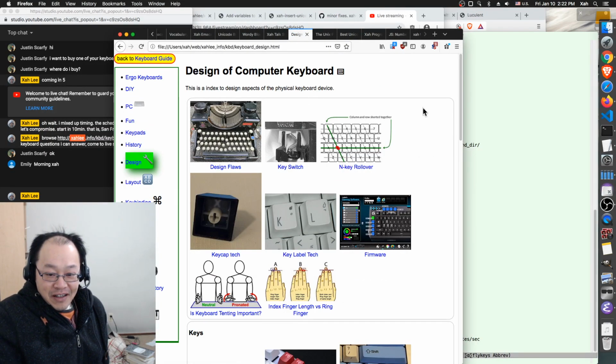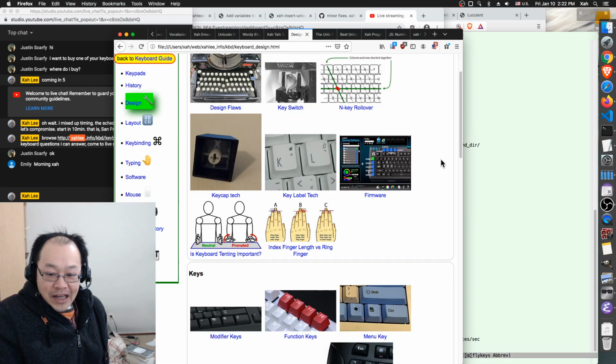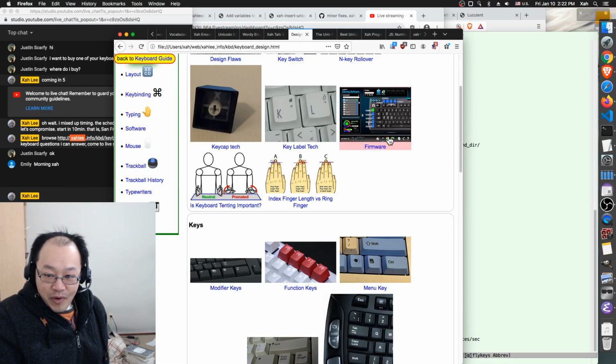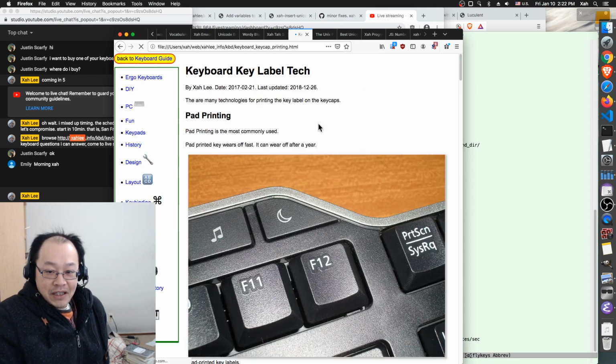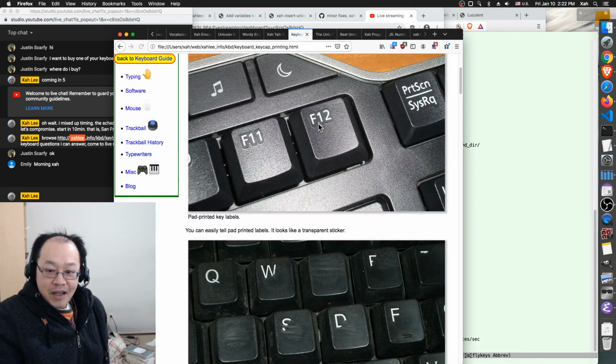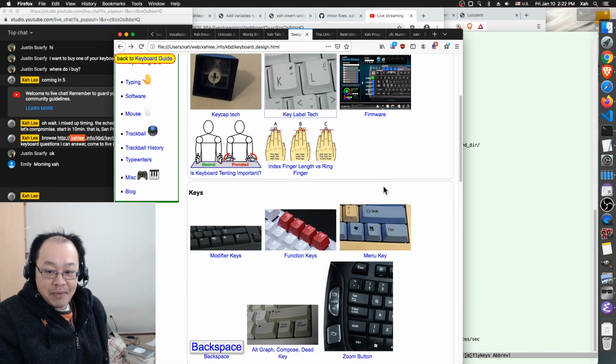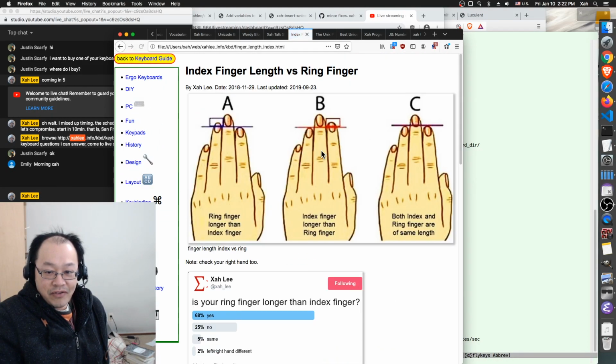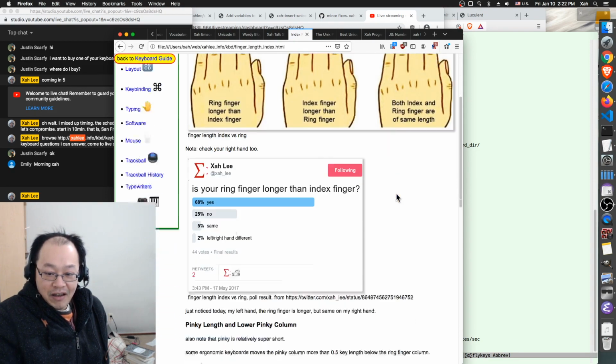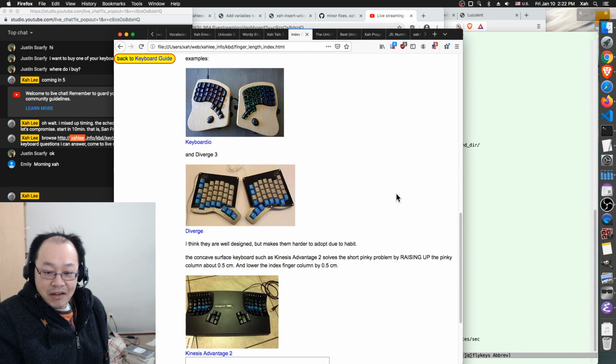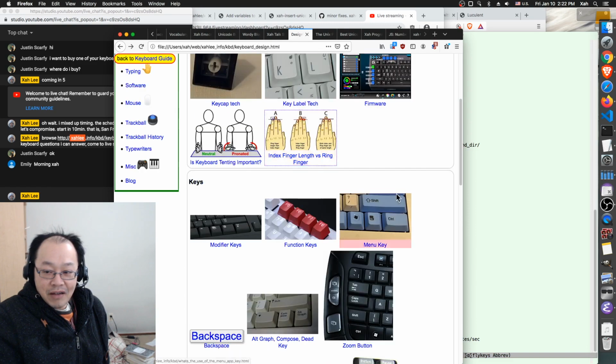Keyboard design stuff, keycaps, key switch systems, and keyboard firmware, their interfaces, the varieties of interfaces, keyboard labeling technology. You see, everything about keyboards and typing related stuff, such as the finger length and survey and all that stuff.